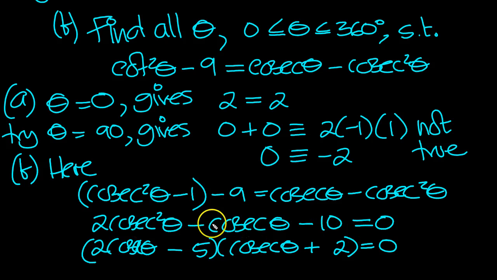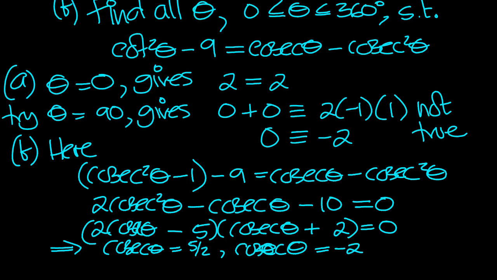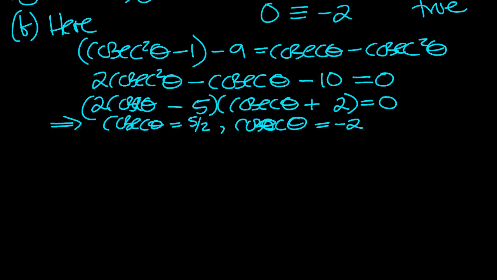Plus 4 minus 5 is minus 1 cosec theta. And then we get the minus 10, don't we? So this tells us that cosec theta is equal to 5 over 2. And this one tells us that cosec theta equals minus 2. So let's turn our attention to solving these now.